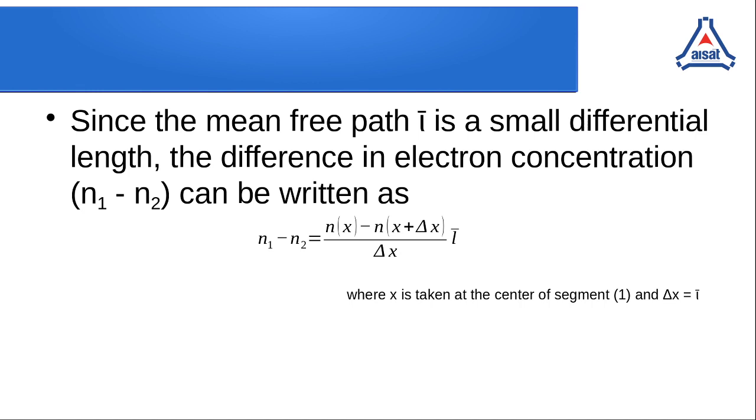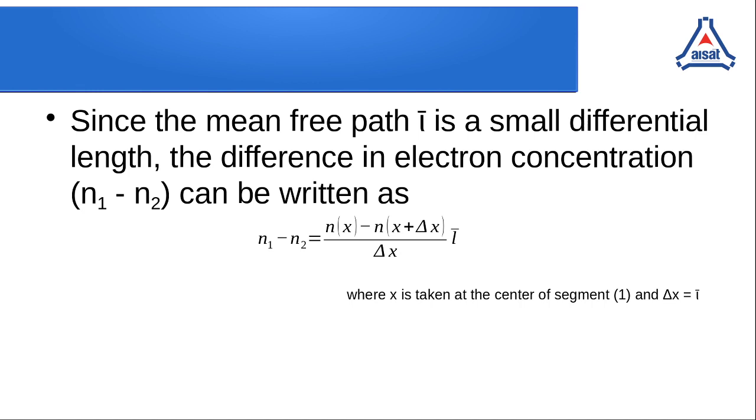Delta x is the small variation in the concentration of carriers while we move from x to x plus delta x, where x is taken at the center of segment 1, and while moving delta x to the right, we will reach the center of segment 2.